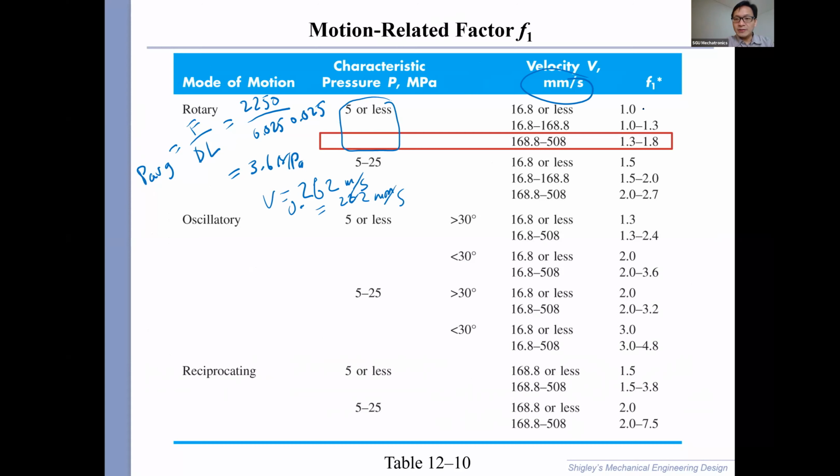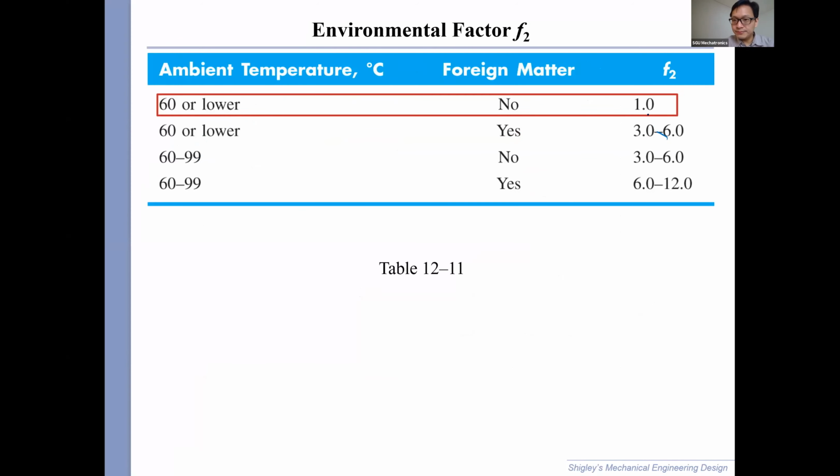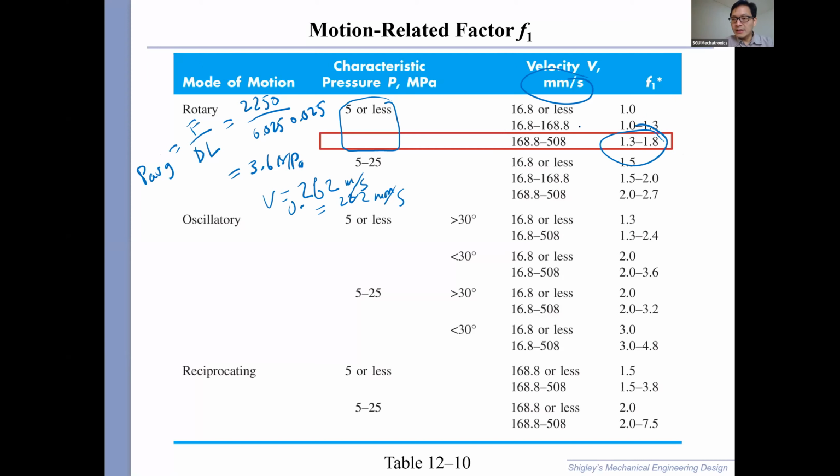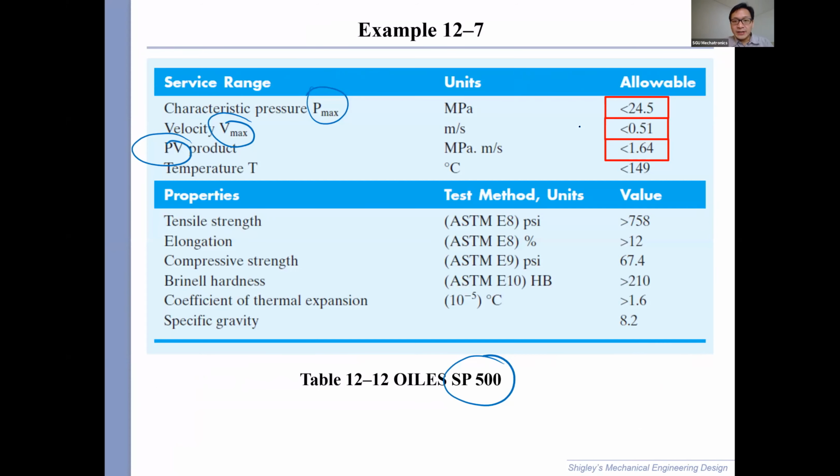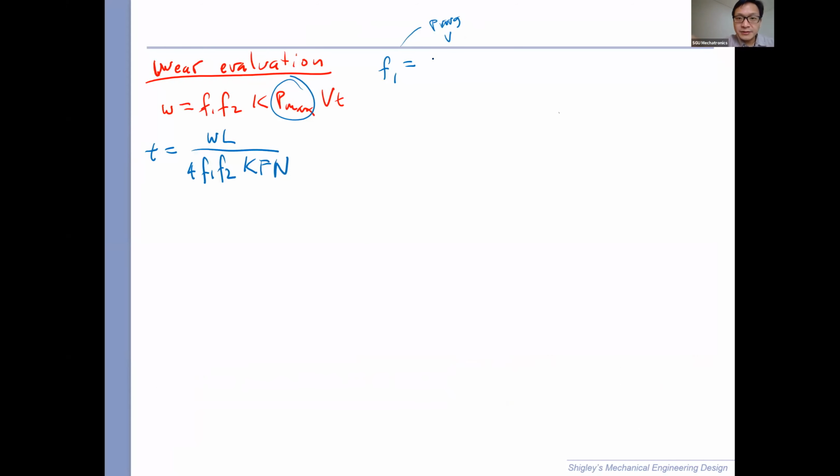So we fall into this category, and here's my F1. 1.3 to 1.8. It is a range. I usually pick the worst. Engineers, we always do the worst.